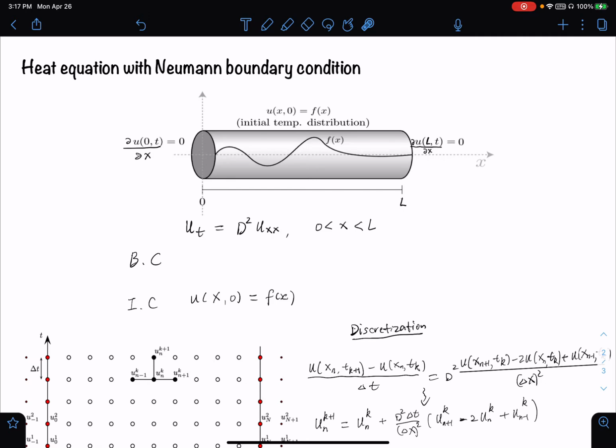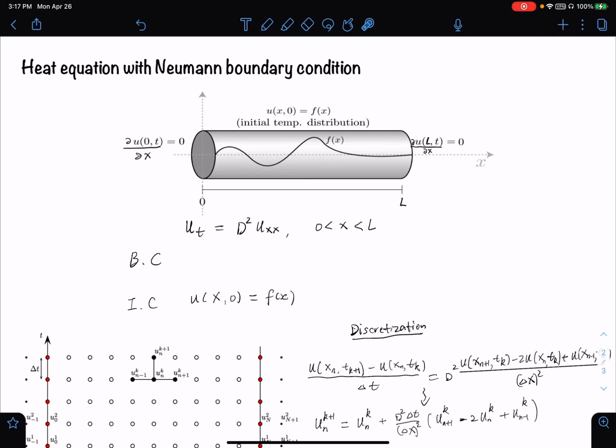So still we're solving the heat equation for a thin rod, and the rod is between the coordinates 0 and L. And we have talked about this example where if we assume no heat exchange, the appropriate boundary condition is to assume the derivative with respect to the space variable at the ends should be 0.